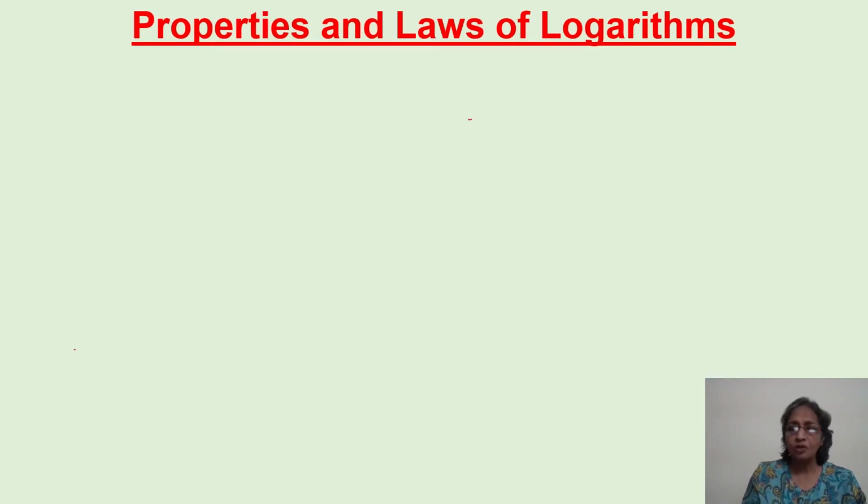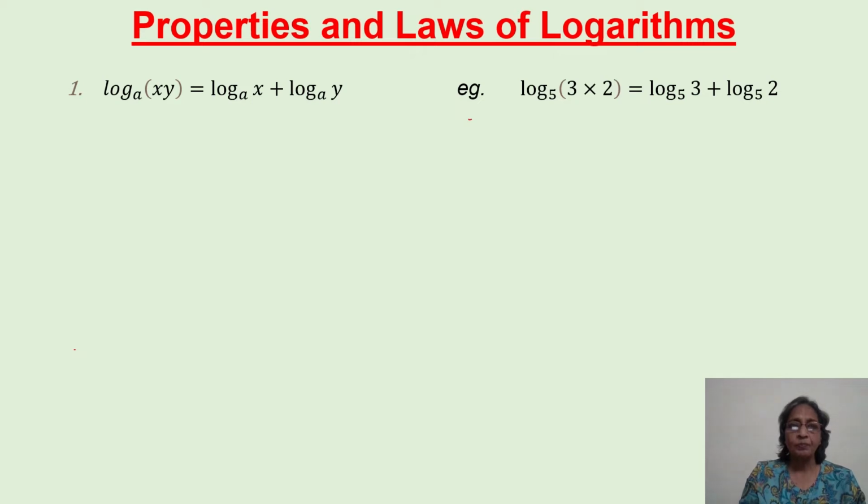Properties and laws of logarithms. All right. The first one, log of xy to the base a. Now when we say xy, it is understood as x multiplied by y. So this comes out to be log of x to the base a plus log of y to the base a.